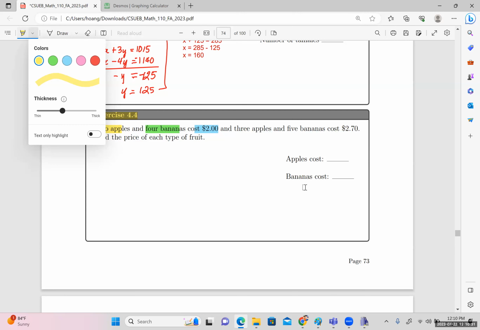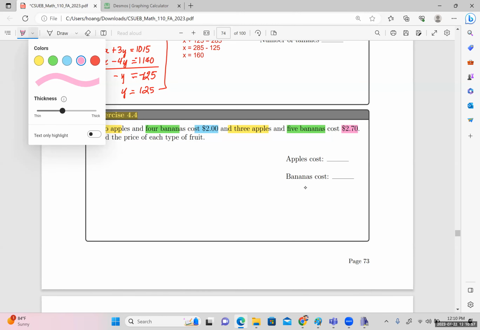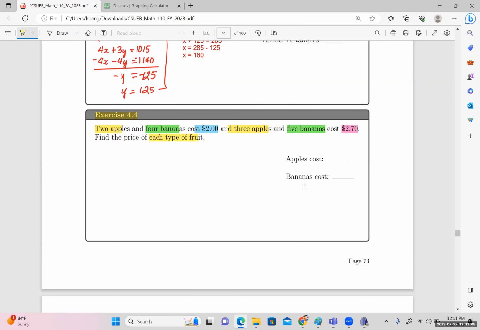Say 3 apples and 5 bananas will cost $2.75. So we want to find the price of each item. It could be apple or banana. We have to find both.